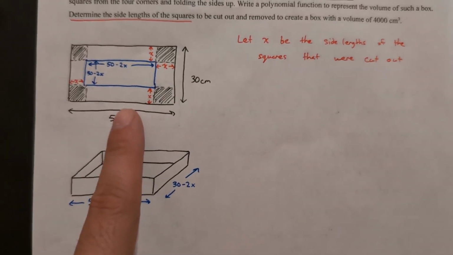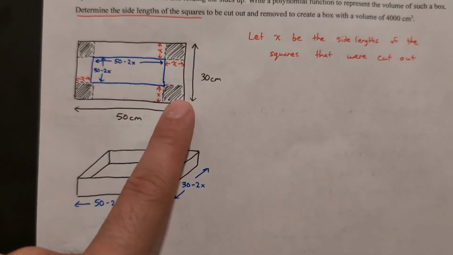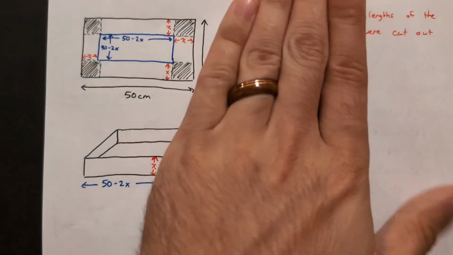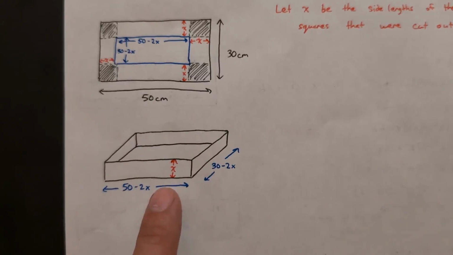This is all looking at the flat sheet that we're cutting out and about to fold up. After we fold up those four sides, we get something that looks like this.